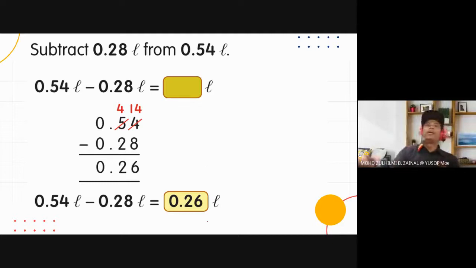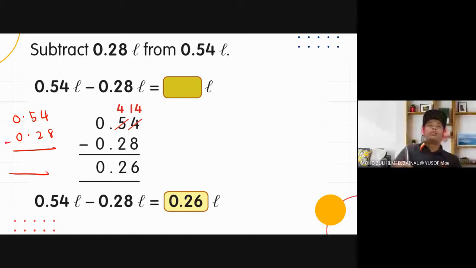So the simplest one is like this, letak je dot, lepas tu letak je 0.2 tu. Letak je dot macam ni. Remember, kalau tak faham cikgu buat bentuk lazim lain. Sinilah. Okay, so 0.54 minus 0.28.